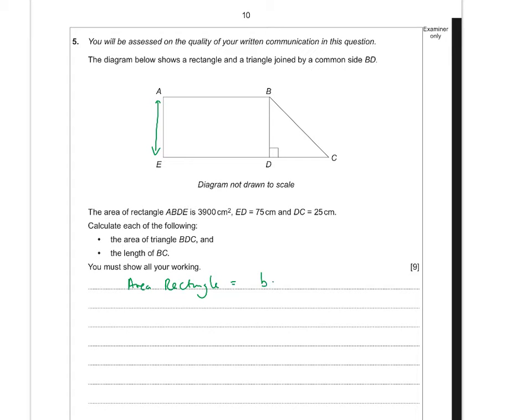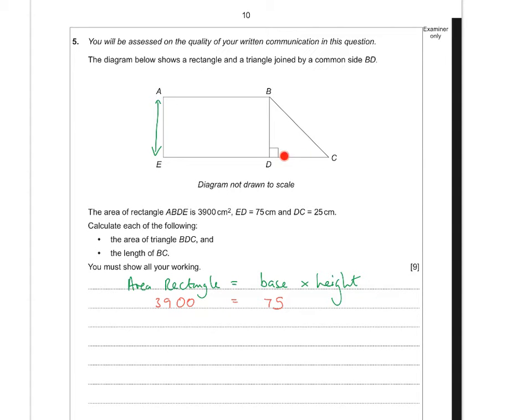I know that the area of a rectangle formula, area rectangle, equals base times height. Now, ordinarily, I would have just written B times H. Now, the reason why I didn't do that was because it says you will be assessed on the quality of your written communication. So I'm now going to sub in those numbers. I'm going to get 3,900, which is the area of the rectangle, is equal to the base, which is just 75, not the 25.